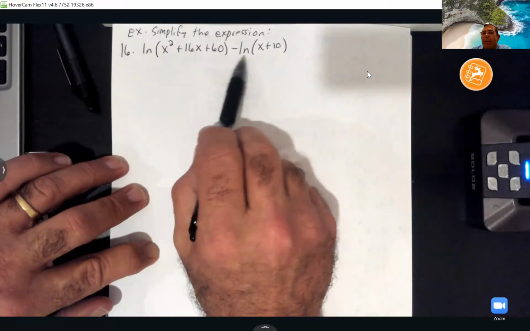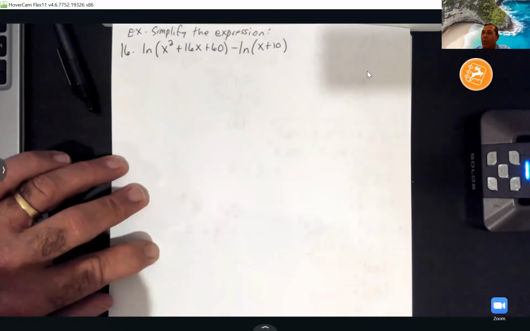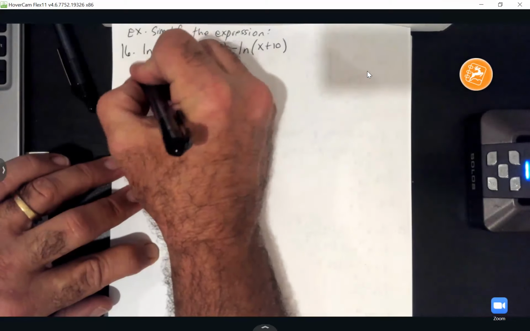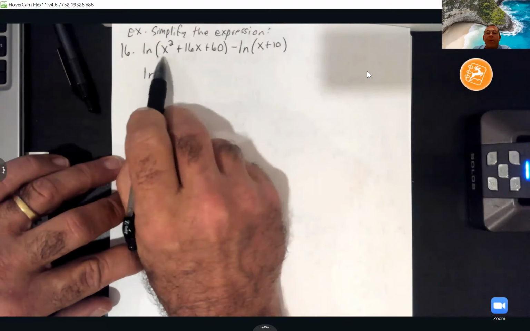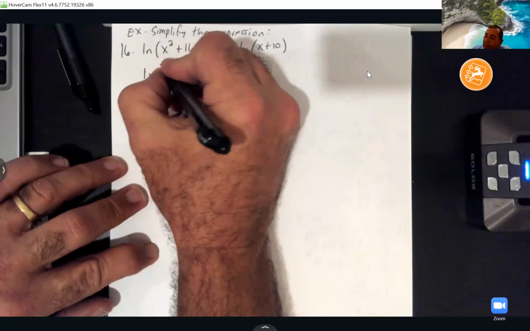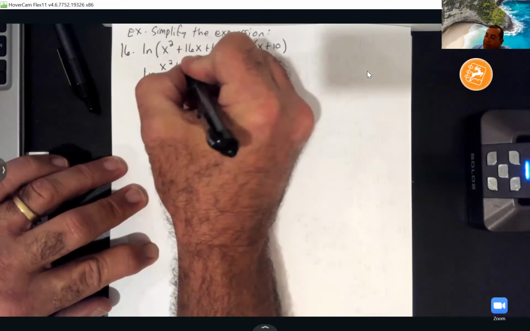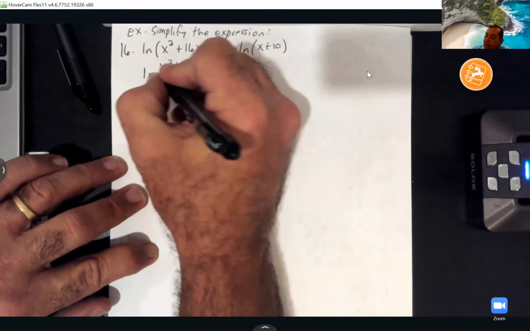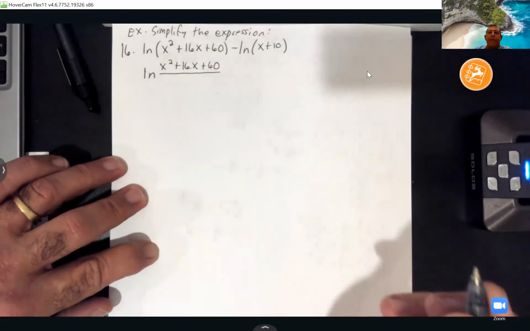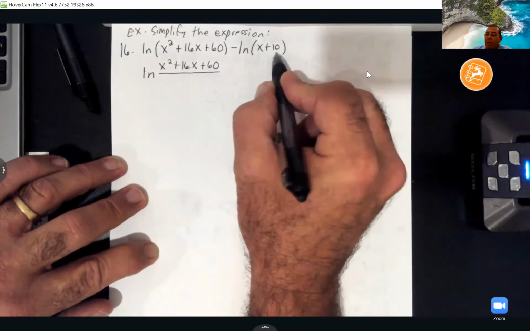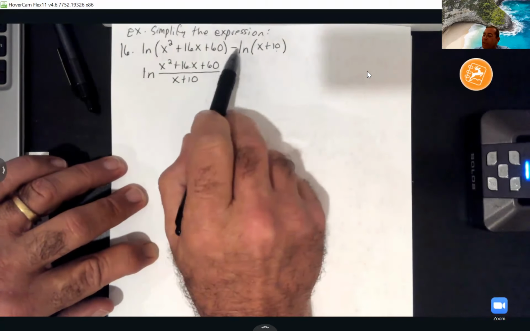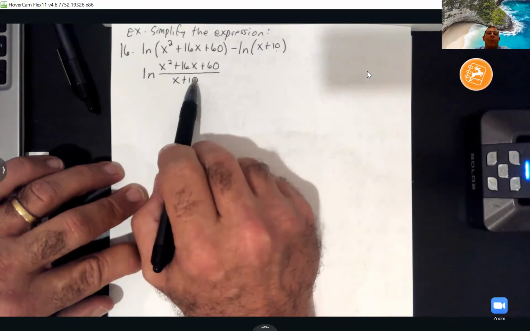Now, these are being subtracted. So we're going to write this as a quotient. Quotient rule. On top will be the x squared plus 16x plus 60. On bottom will be the x plus 10. So once again, the factor being subtracted went to the bottom.